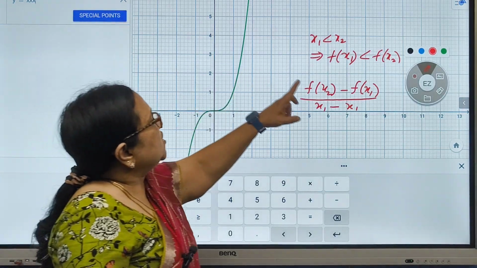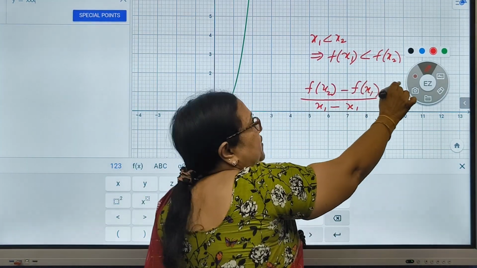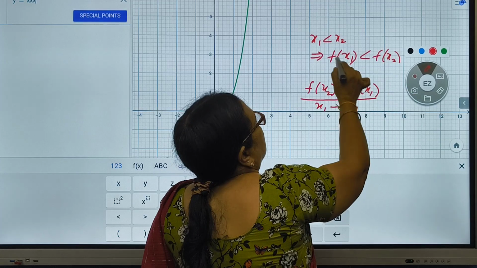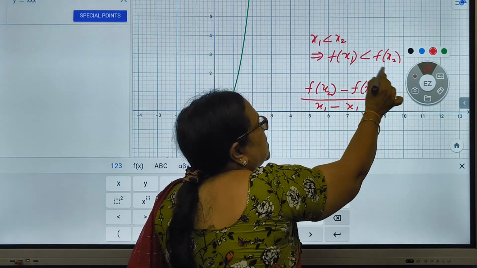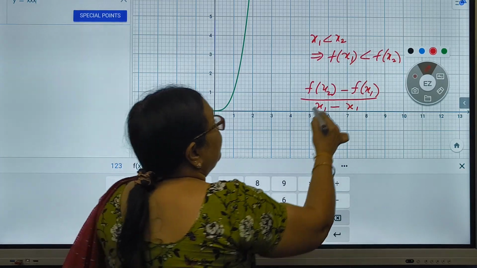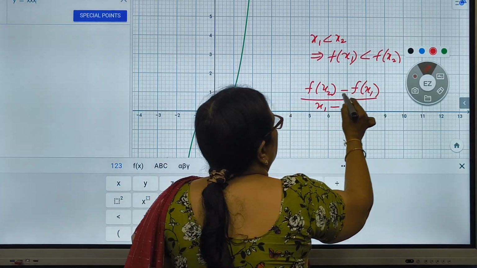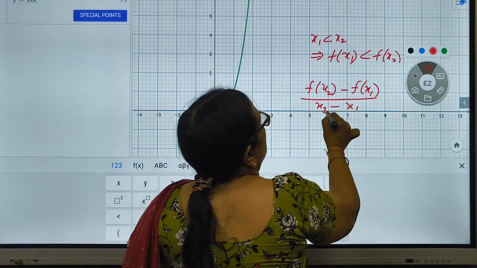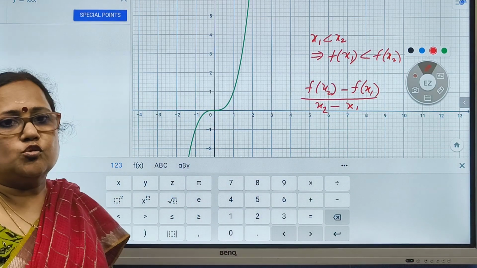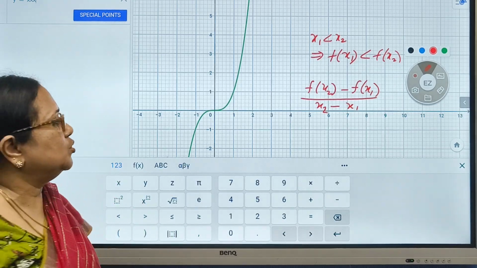Now, what sort of function is f? F is an increasing function. Therefore, x1 less than x2 implies f of x1 less than f of x2. So, f of x2 minus f of x1 is a positive quantity, and x2 minus x1 is also a positive quantity because x1 is less than x2.